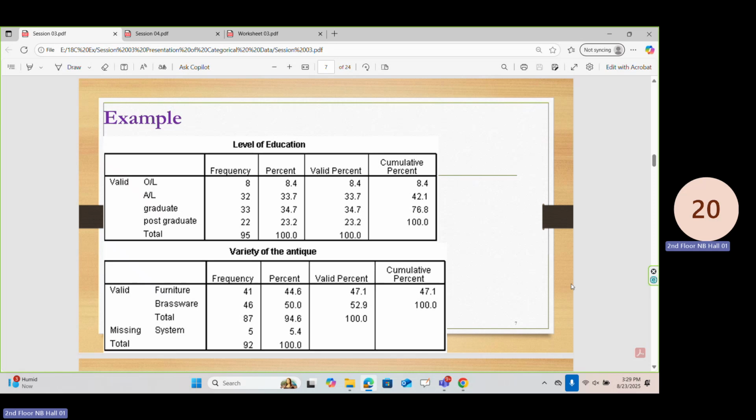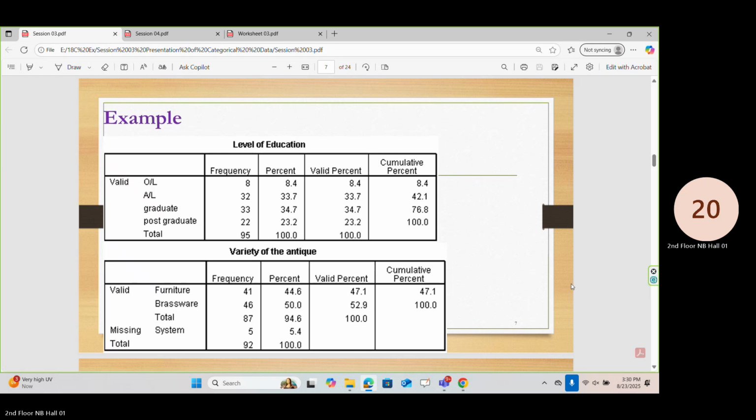Looking at the first column, it represents the categories of the particular variable. Here we list out O level, A level, graduate, and postgraduate. The second column represents the frequency: how many respondents studied up to O level, how many up to A level, how many have a bachelor degree, and how many have completed a postgraduate degree.